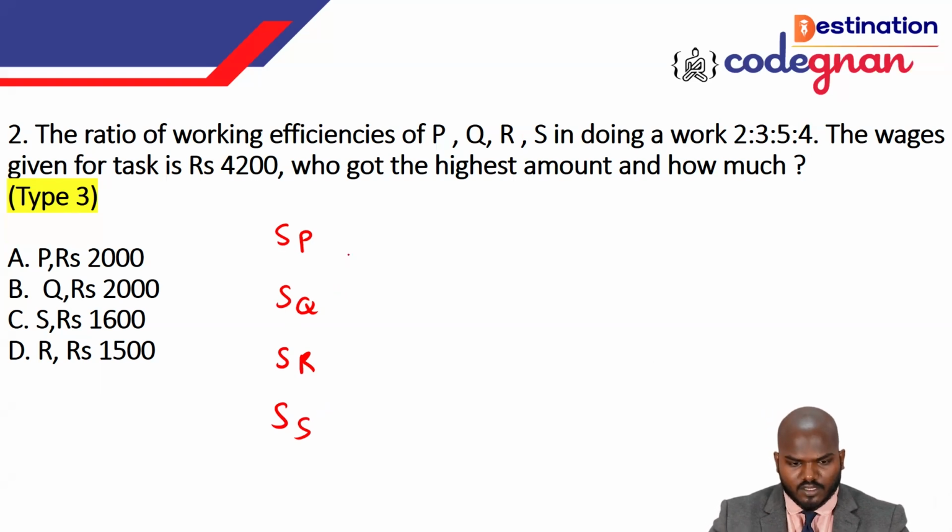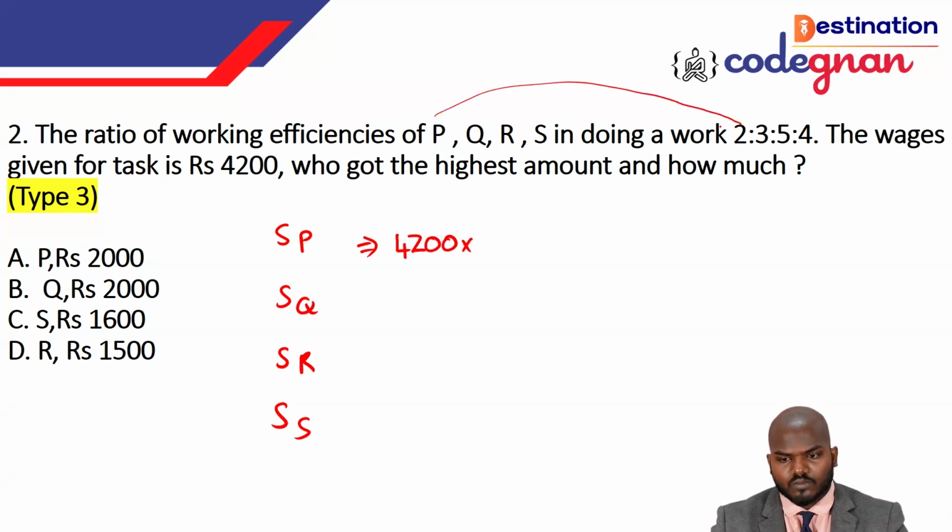Okay, first the total money is 4200. The P value is 2.